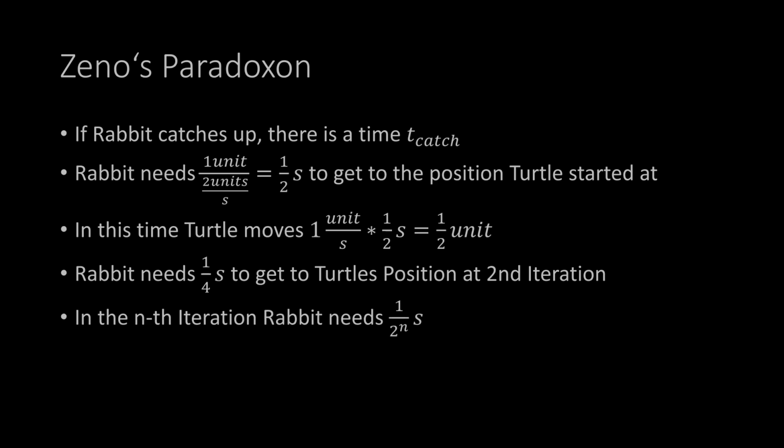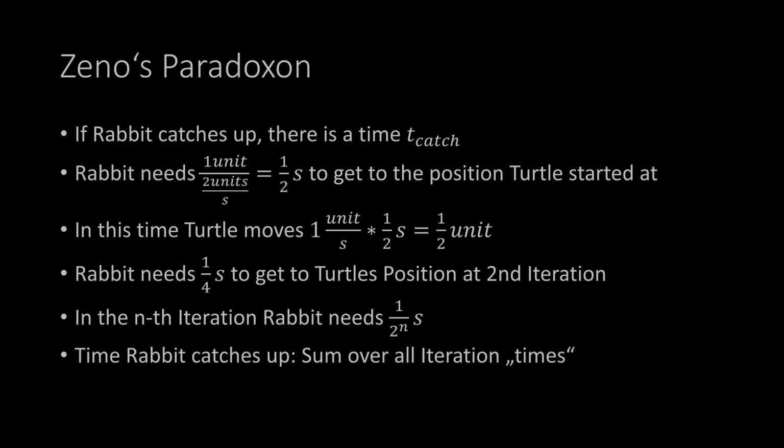So if we do this n times, in the nth iteration, the rabbit needs 1 divided by 2 to the power of n seconds to catch up. The time the rabbit needs to catch up with the turtle is the sum over all iterations. So every iteration with its 1 over 2 to the n time. We sum that all together, we get t_catch.